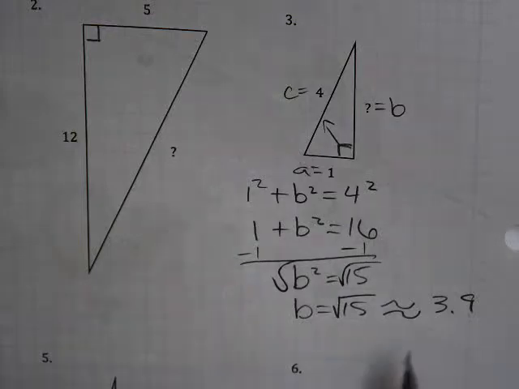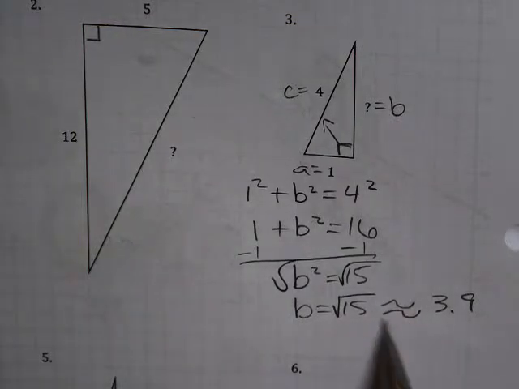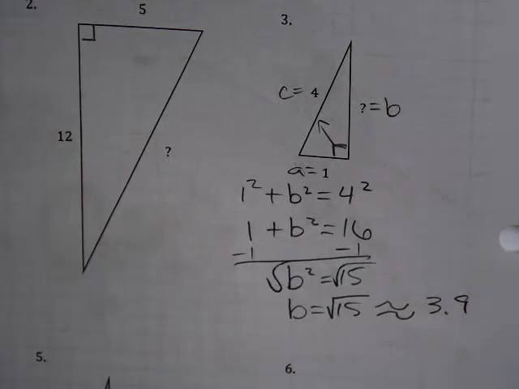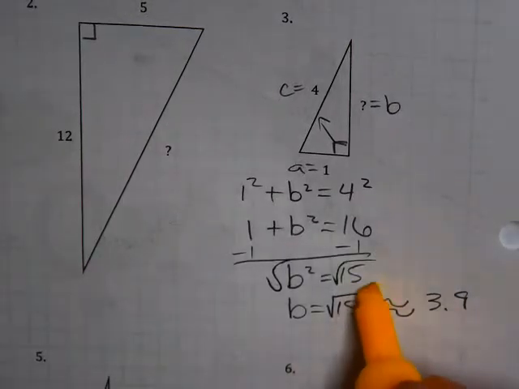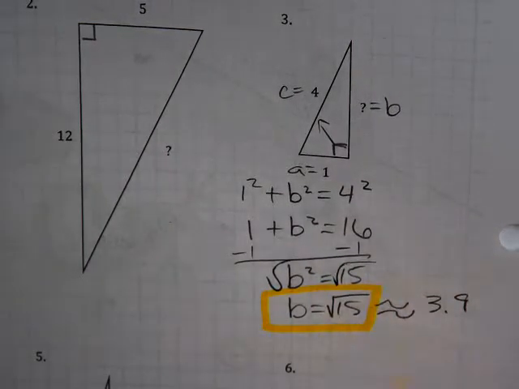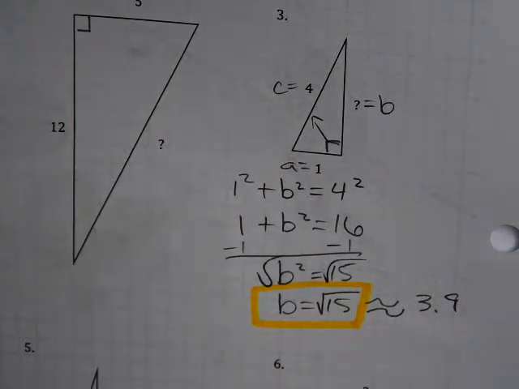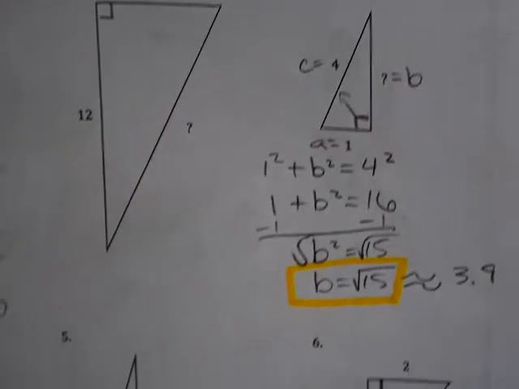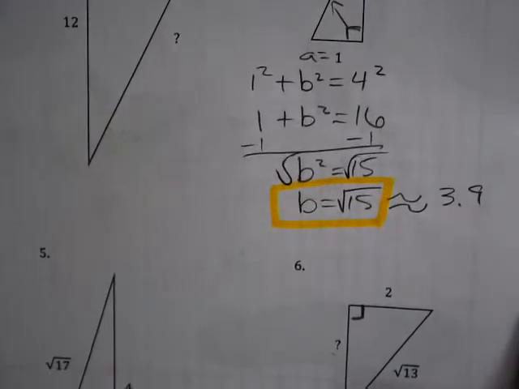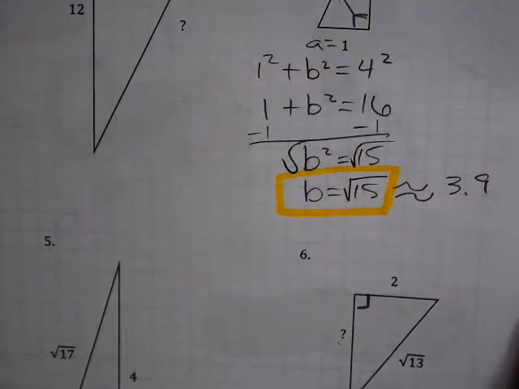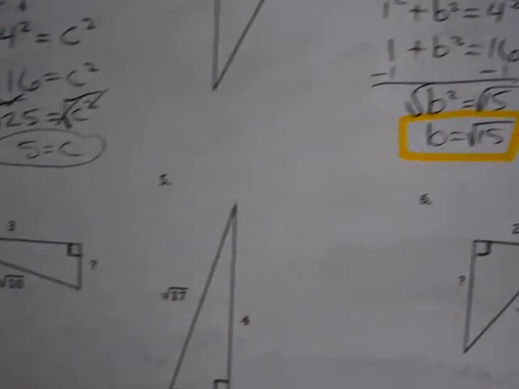But if you've rounded it, you need to put the little squiggly equals there. But I'll be honest, I'm plenty happy with the exact answer. Square root of 15 is just fine. Okay? If you do round it, make sure you round it right. If you're not sure how to do that, ask me. All right, let's look at number 4, and then I'm going to cut you loose on all these.